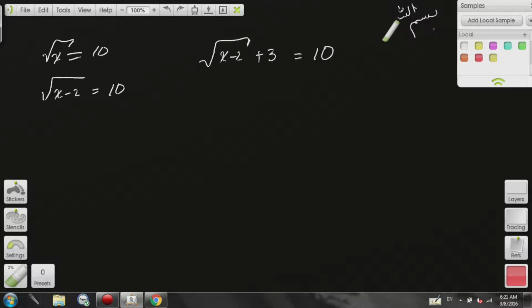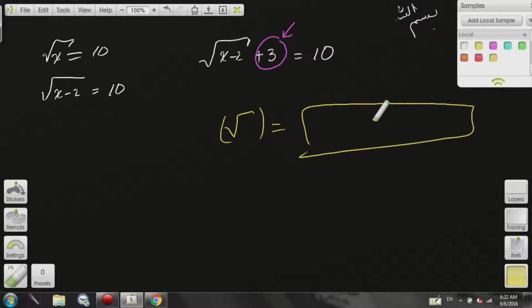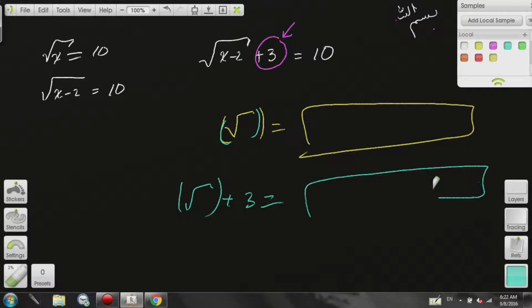What we do here is first we get rid of this 3, because it's not a good idea to square equations with radical signs unless the radical sign is all by itself. If the radical sign is attached to something else like this, and you square it, then you have to FOIL this, and this is a bigger mess.